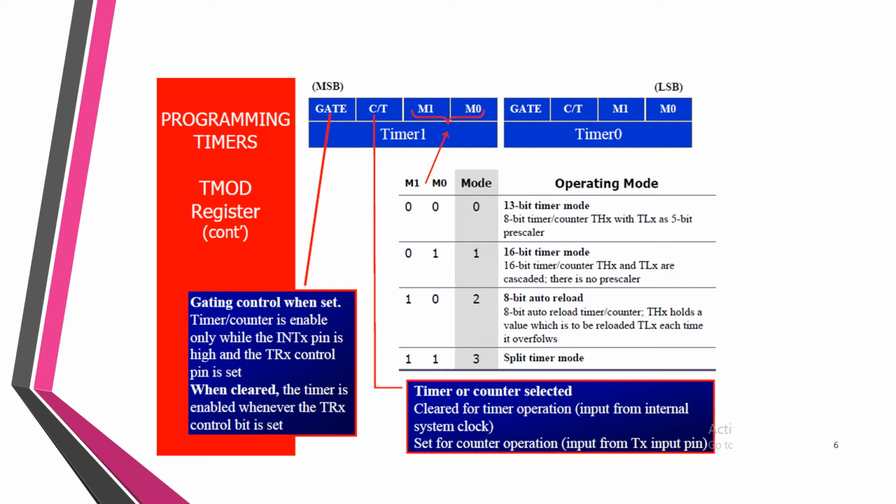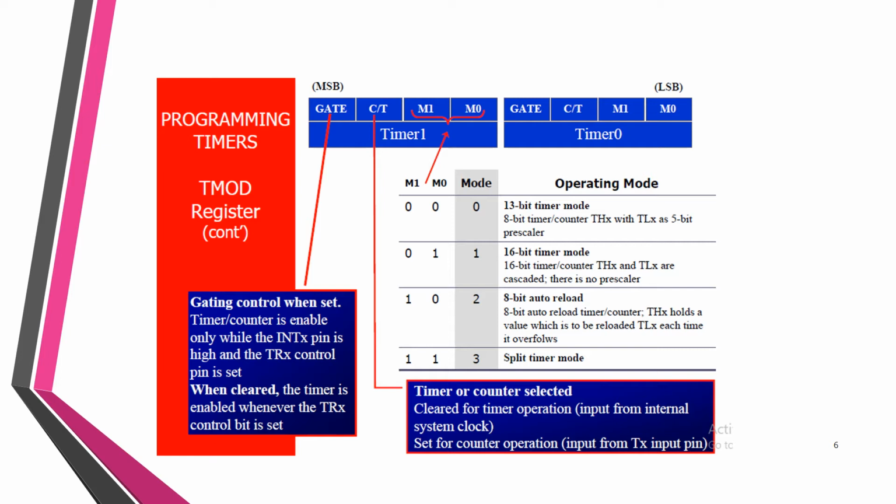Whenever this is cleared, that is made 0, then the timer is enabled whenever the TRX control bit is set. So operation wise, you can particularly take care while setting this particular bit, that is the gate control bit.